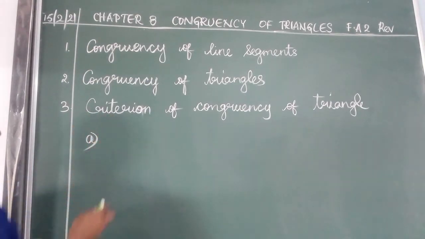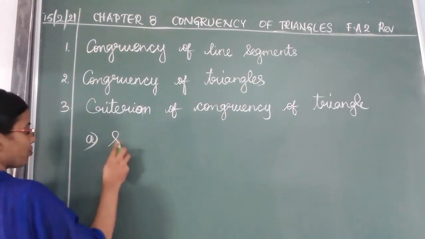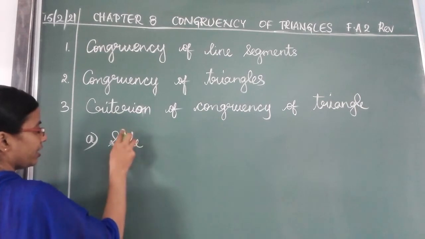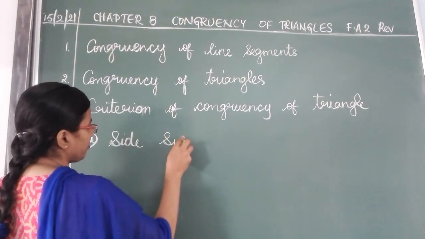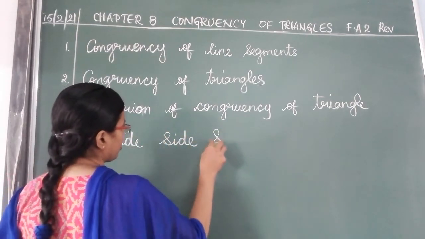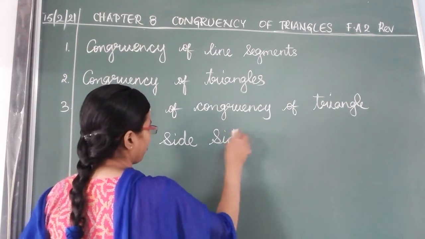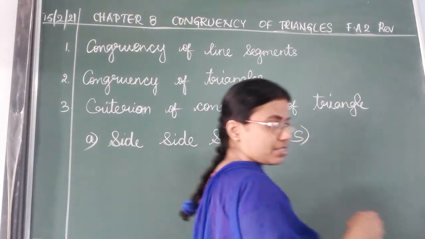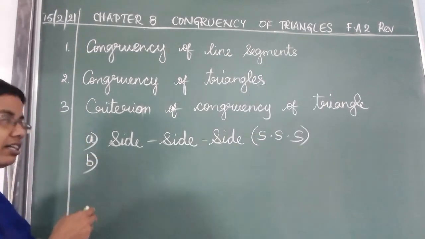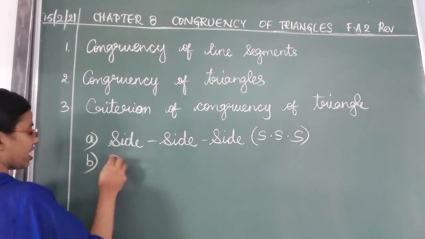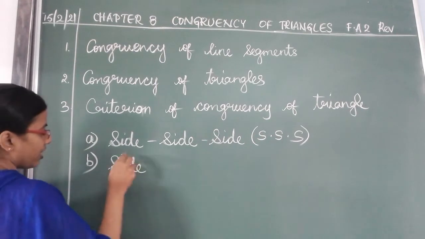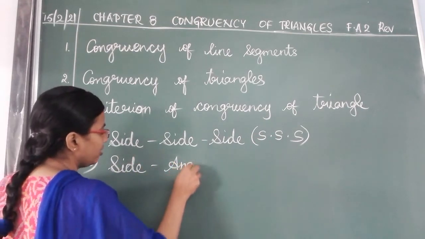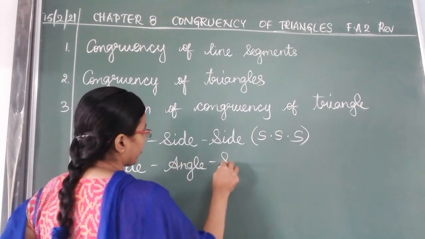In this we have learned SSS. What is the full form? Side, side, side. This is one criterion that we have learned, that is S, S and S. Then, what did we learn? Side, angle, side.